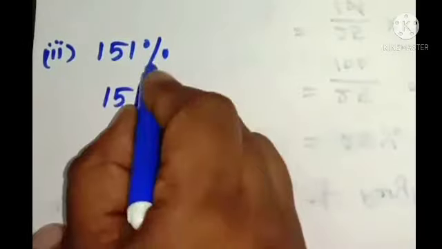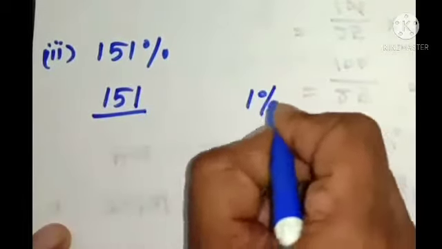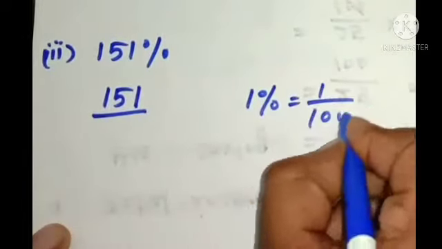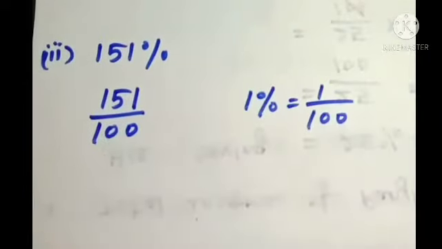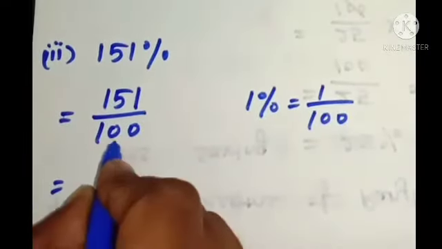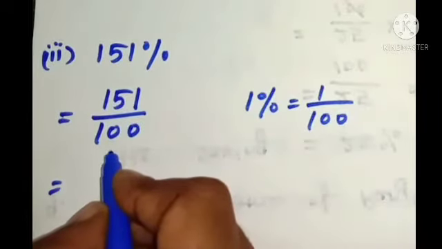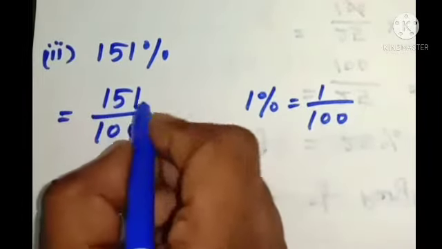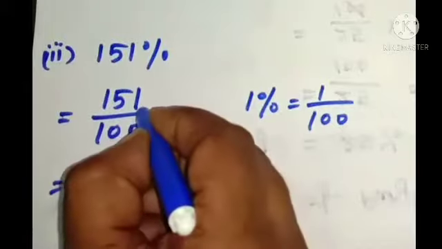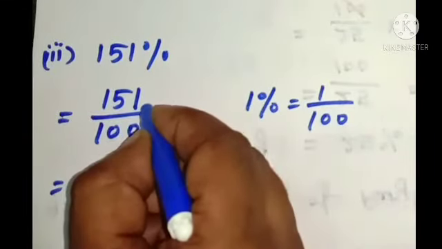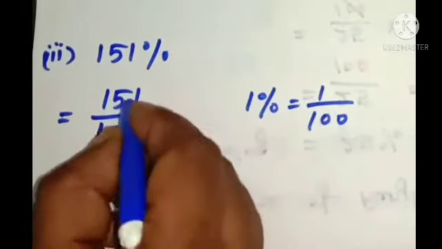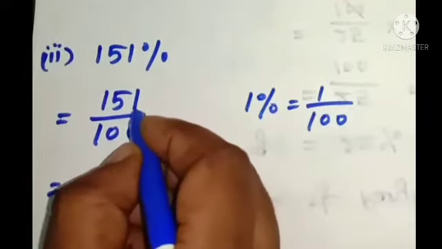Now 151%. 1% is equal to 1 by 100, so we can write it like this, 151 by 100. There are 2 zeros in the denominator, so we have to move the decimal point before 2 digits. Consider there will be a decimal point after 1, because 151 is a whole number.